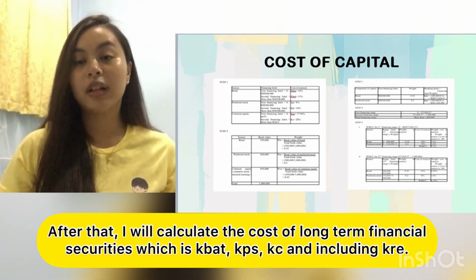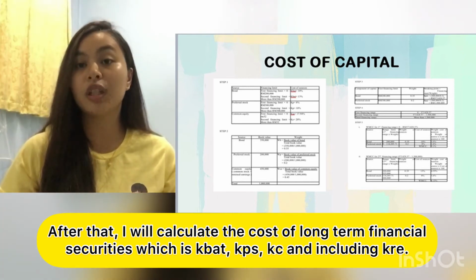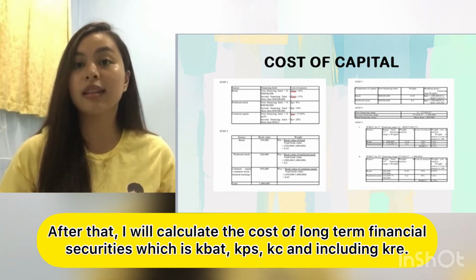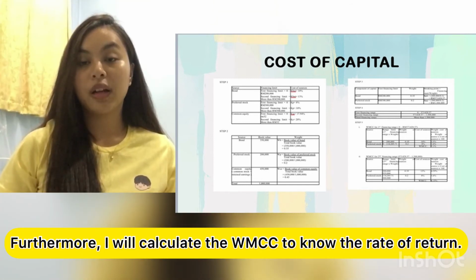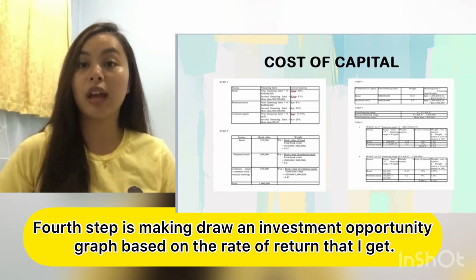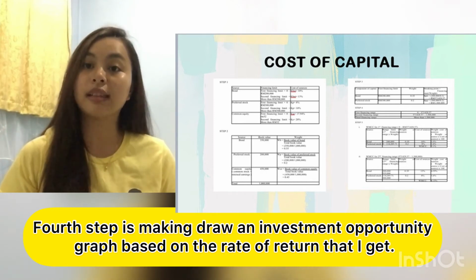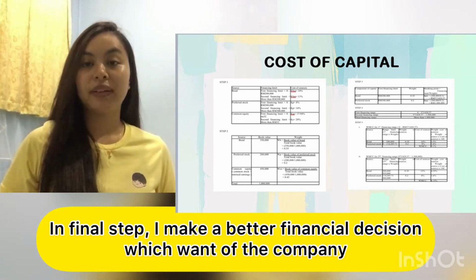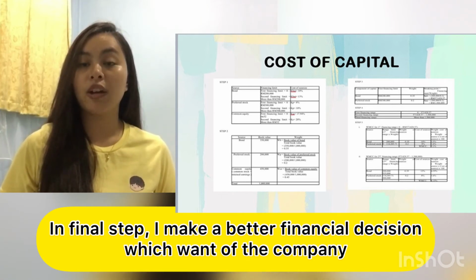After that, I will calculate the cost of long-term financial securities, which is KBAT, KPS, KC, and including KRE. Furthermore, I will calculate the WMCC to know the rate of return. Fourth step, draw an investment opportunity graph based on the rate of return that I get. In the final step, I make a better financial decision for the company.